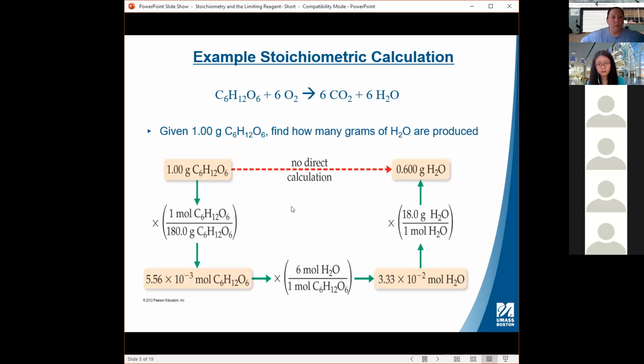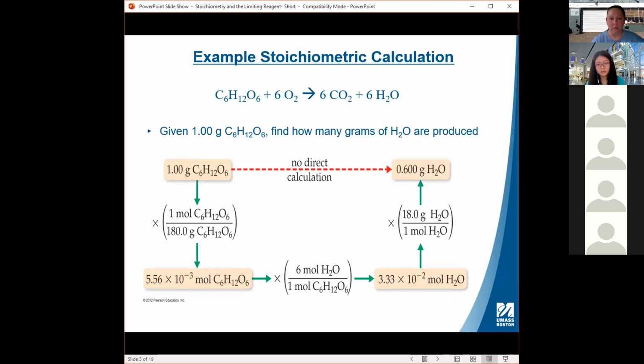Okay, so how will we do this? Here's an example of the combustion of sugar with oxygen. If we have 1 gram of sugar, C6H12O6, how many grams of H2O are produced?